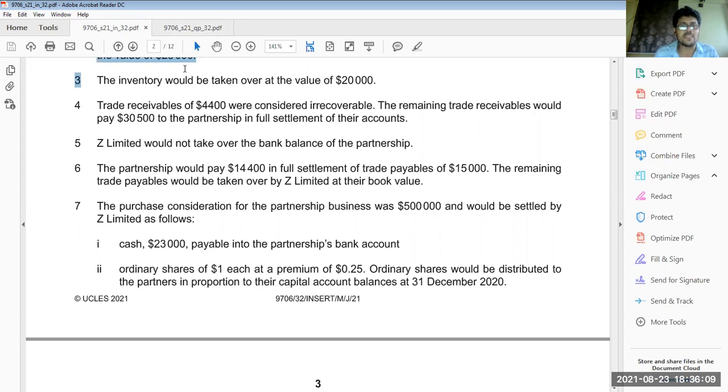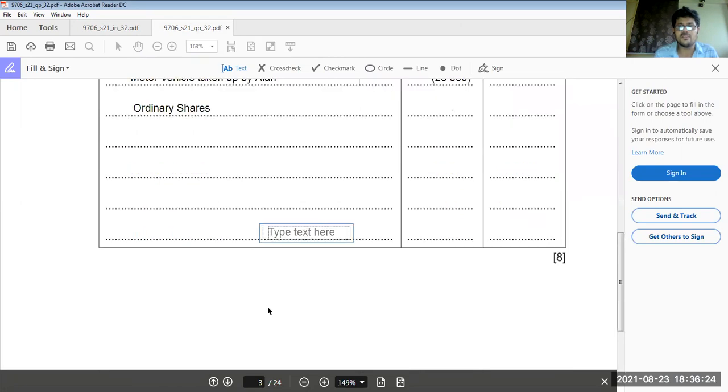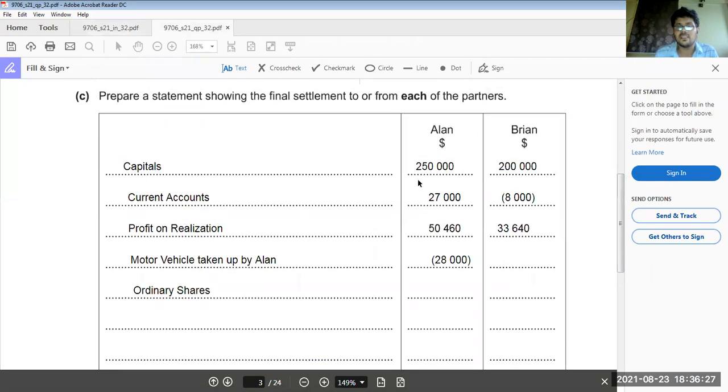What was the capital account ratio? 250,000 and 200,000 means 5 to 4. So ordinary shares are divided: 4,77,000 multiplied by 5 divided by 9, so 2,65,000.